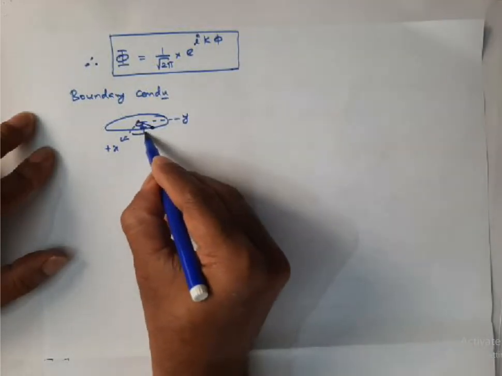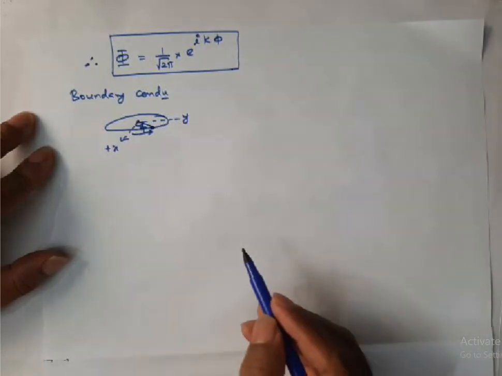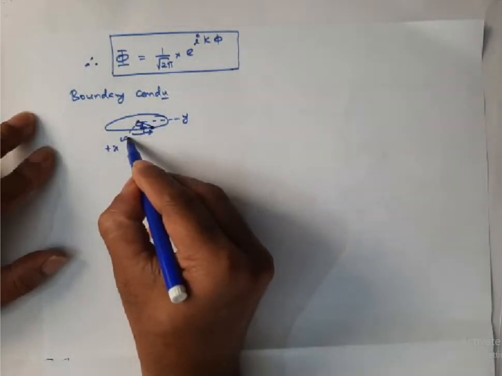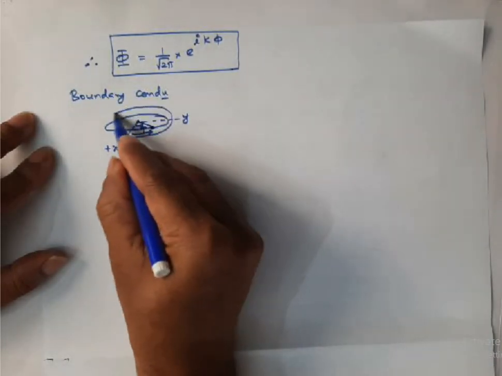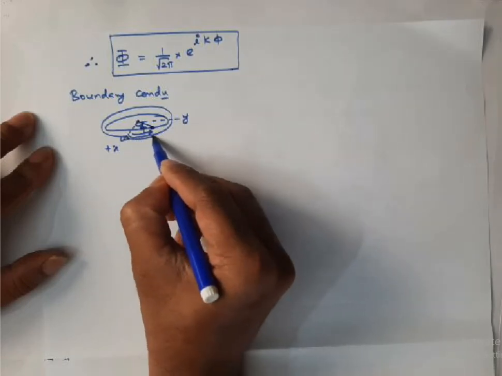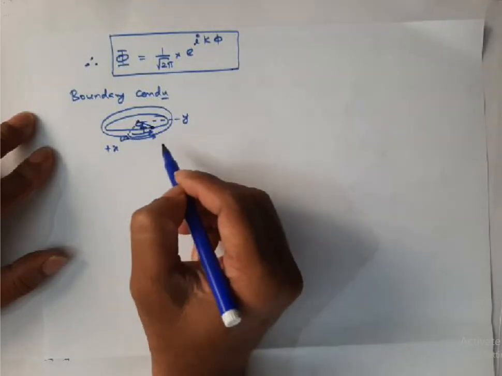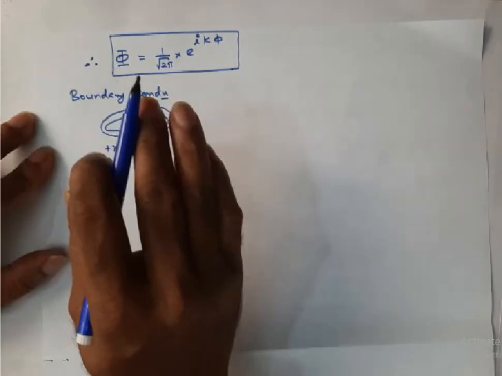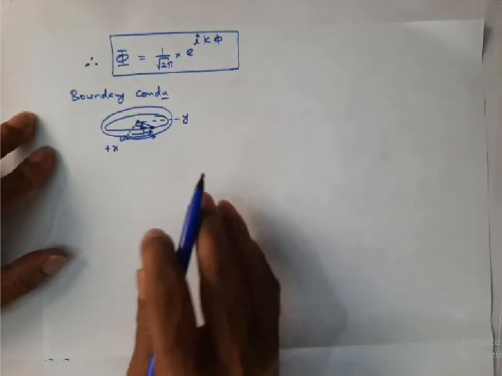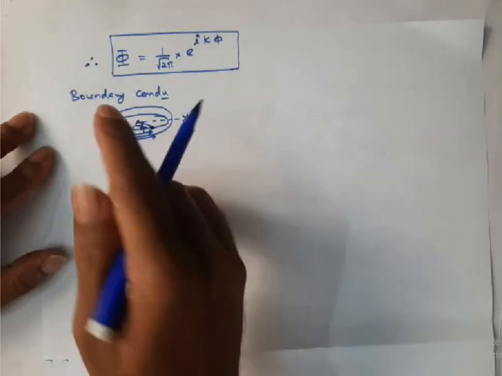When the particle goes here, it will take an angle of phi. Suppose the particle starts from here and goes a full round, that is 360, and again reaches here, if it reaches the same point again, this wave function doesn't change, because wave functions must be single valued, you know very well.